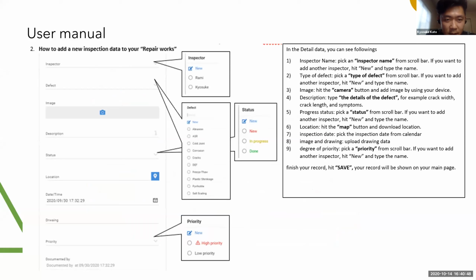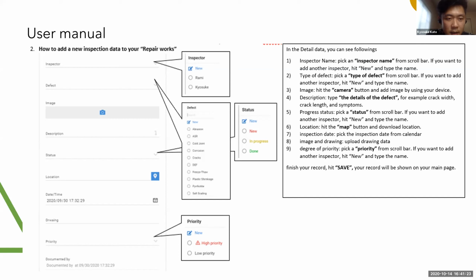The first line shows the inspector name, and we pick the inspector name or add new names. The second line is the defect, and we can pick one of the deteriorations from here. If we have a new deterioration, we can also add the name.